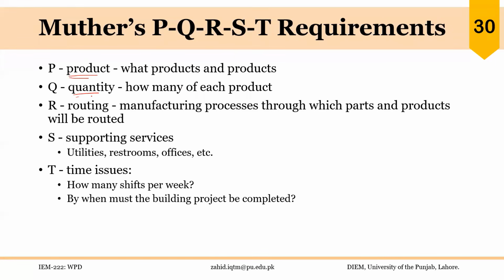Q is the quantity: how many of each product. R is the routing, that is the sequence of processes through which parts and products will be routed. That is also important. S is for supporting services: the utilities, the restrooms, the offices, cafeteria, etc.